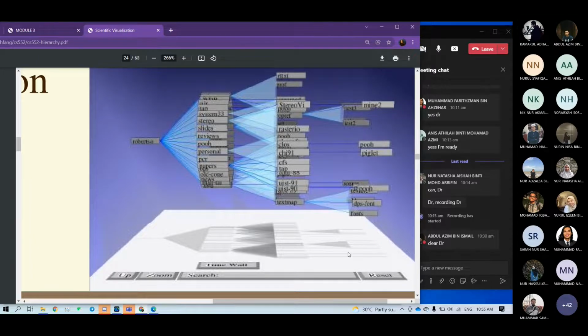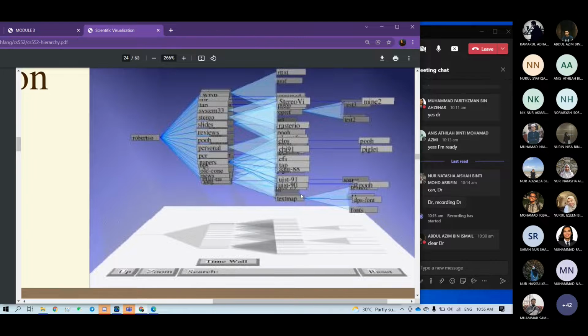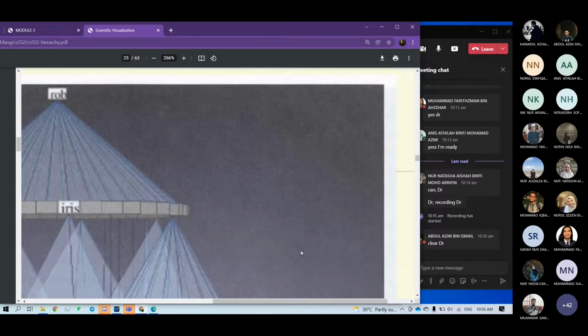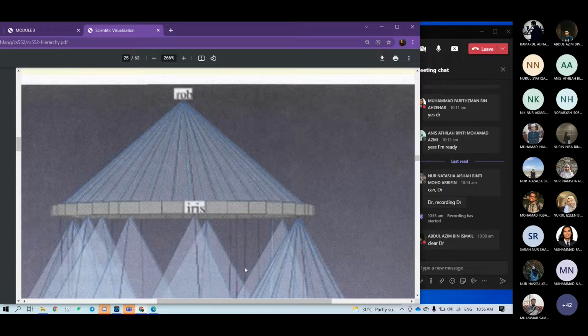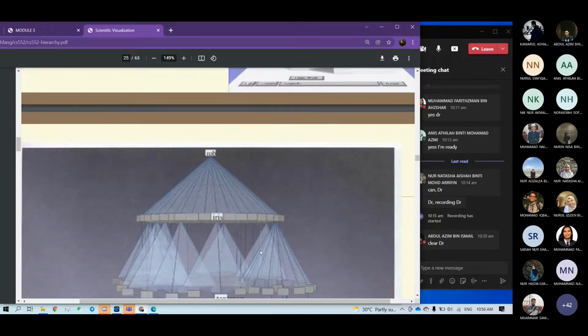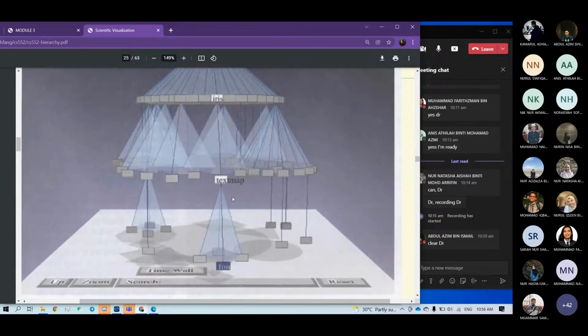And then they have a shadow. The shadow shows the same graph in 2D. If you see this one, of course you can zoom, you can filter, click and zoom, zoom, zoom. At a glance, you can see 2D and 3D. Also down here, shadow.